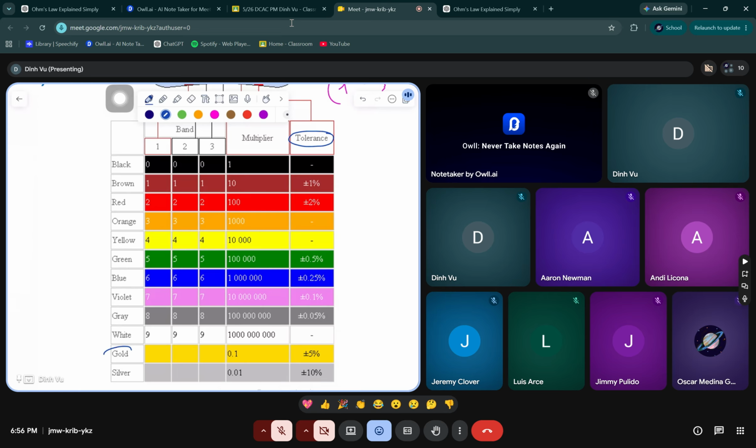Gold is still plus or minus 5%, silver plus or minus 10%, but with the other colors, the tolerance will be very small. It means that the range of the value is a very, very narrow range. So generally for these 5-band code resistors, the tolerance is very small, very narrow. And the 5-band resistor is generally more expensive than the 4-band.